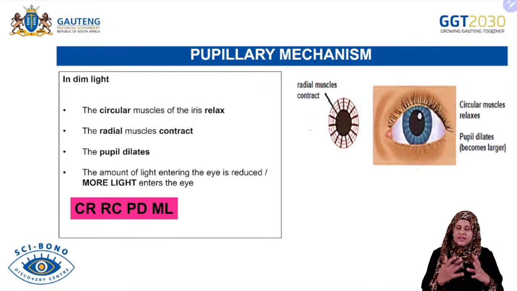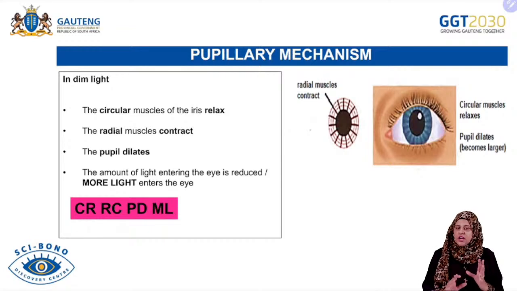It's nice to learn one of them, and in the exam, when you are reading your questions, work out what the examiner is trying to say, because not always do you get a question that says, explain how an image is formed in dim light or bright light. It may be more difficult the way the question is asked in the exam.